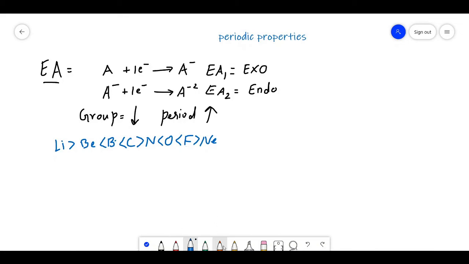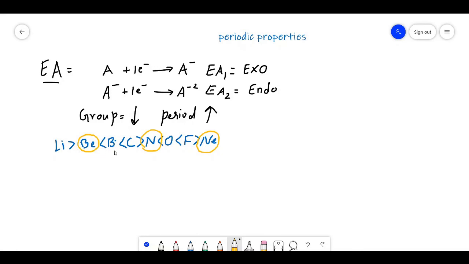So you have to remember this neon. Actually neon should have more electron affinity, but it is less. In the same way, according to the trend, nitrogen should have more electron affinity, but it is less than carbon. And beryllium should have more electron affinity, but it is less than lithium.